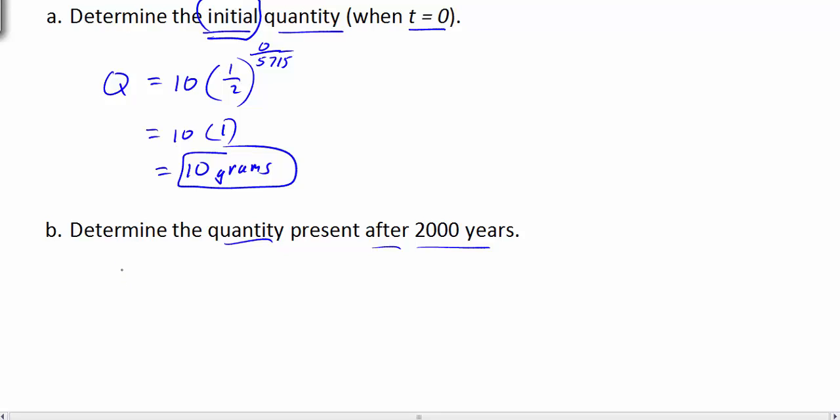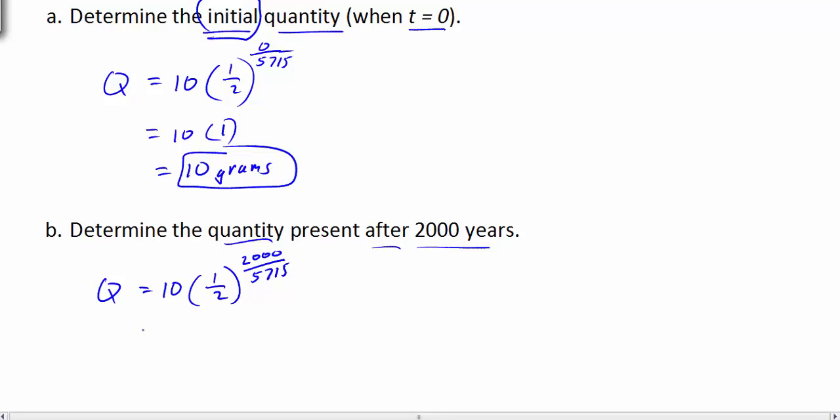If we plug this into the equation, we would have 10 times 1/2, and T is 2,000, so that's 2,000 divided by 5,715.